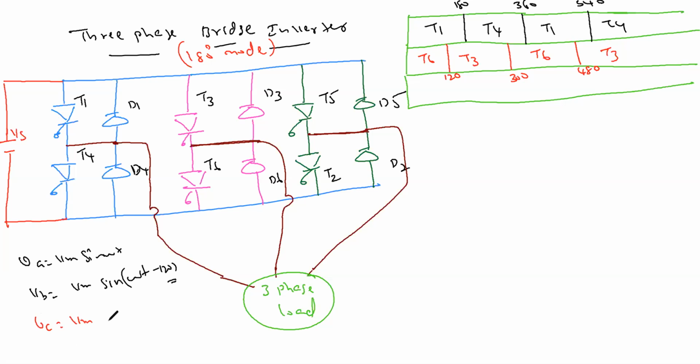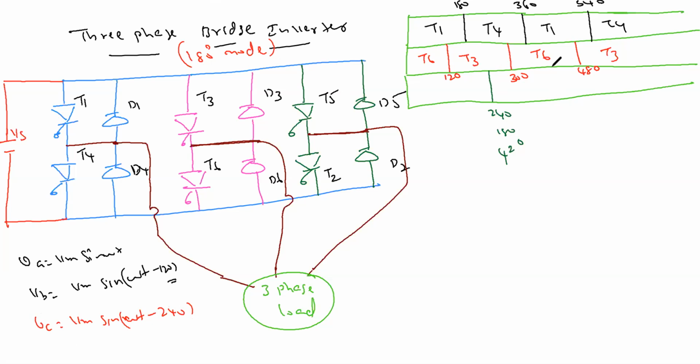VC, VM sin omega t 240. 240 means after 240, trigger T5. So 240 is somewhere here now, that is 180. This is 240. 240 plus 180 here, somewhere. So how much is this? 420.